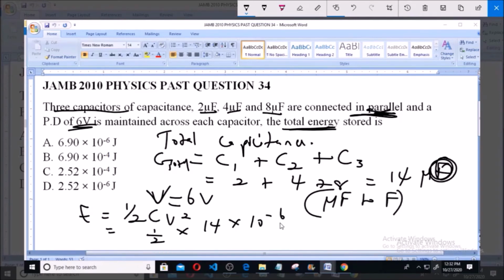Then multiply by the potential difference, 6 squared. All these together will give you 2.52 times 10 to the power of minus 4 joules as the energy stored. So that is option C. Option C is the correct answer to this question.